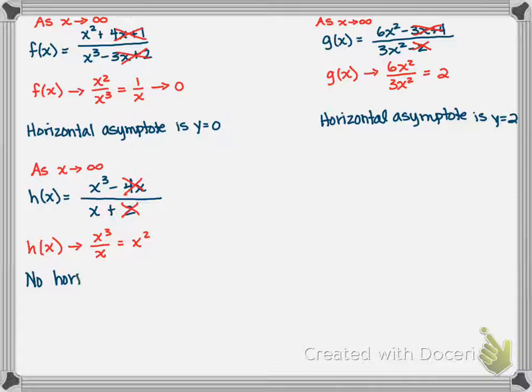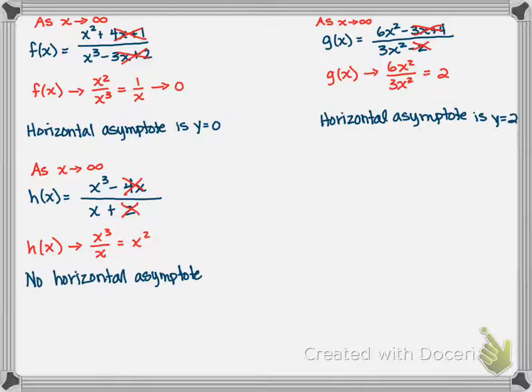Because the definition we gave for a horizontal asymptote is a specific y value that we get close to as our x values move towards the edges. So since we have no specific value, we have no horizontal asymptote.